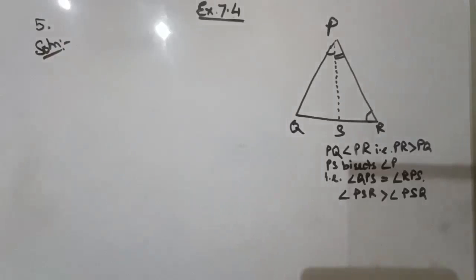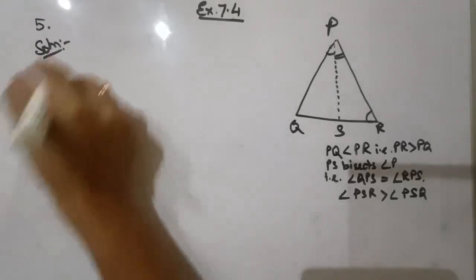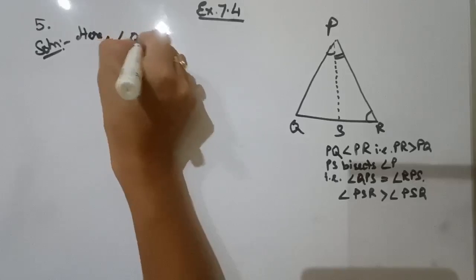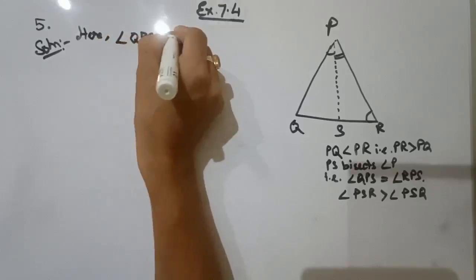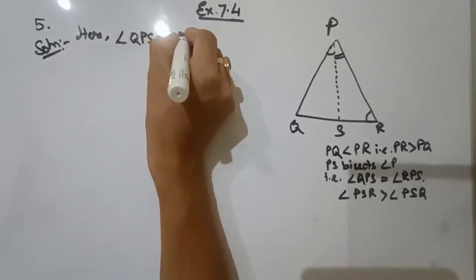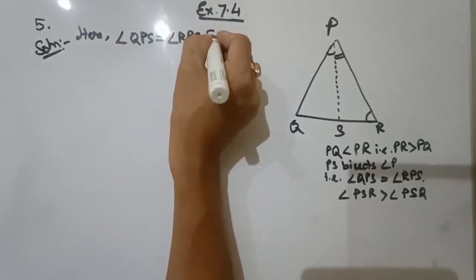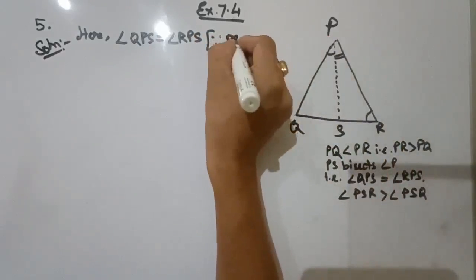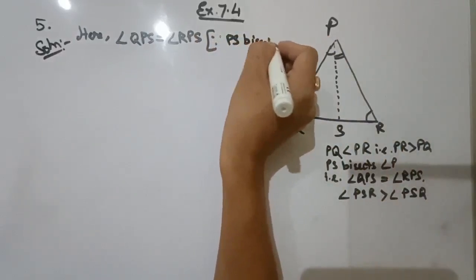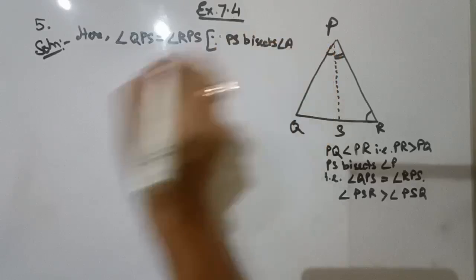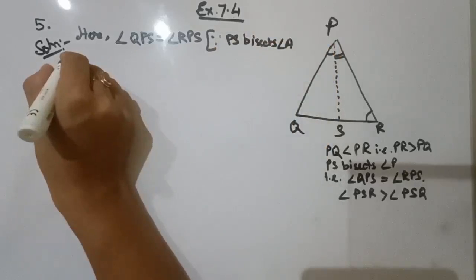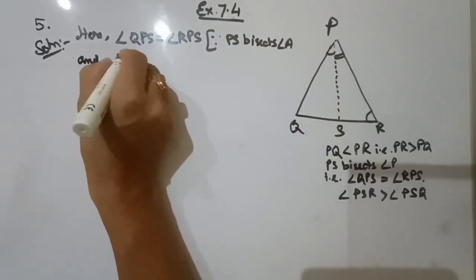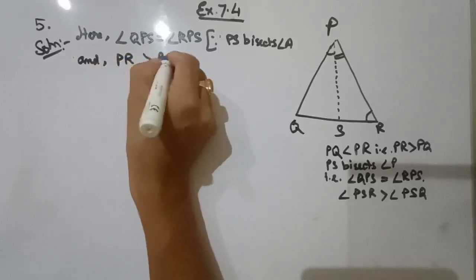So solution, here angle QPS is equal to angle RPS, since PS bisects angle P, and PR is greater than PQ.